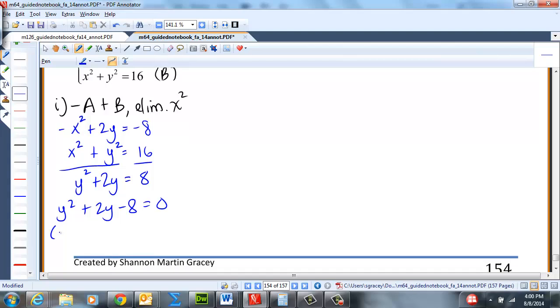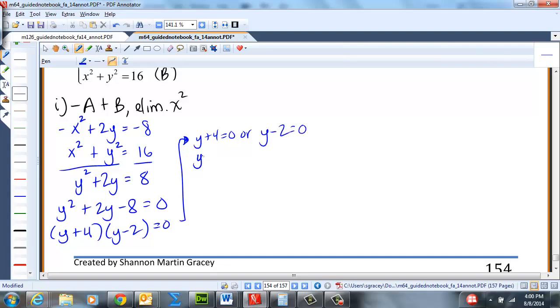So factoring, that's going to be y plus 4 times y minus 2 is 0. So you get y plus 4 is 0, or y minus 2 is 0. Y is negative 4, or y is 2.